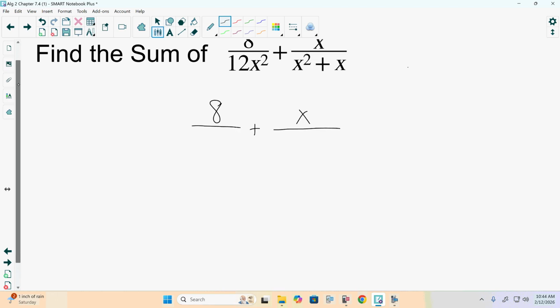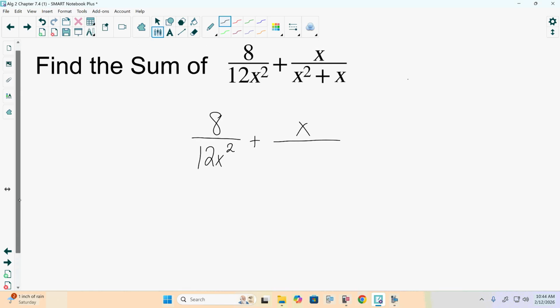So we look at the first denominator, 12x squared. It is a single expression, so we can't factor it any farther. Now there is a greatest common factor on top and bottom, because 8 and 12 do have a common factor of 4. And as long as that's not necessary for our least common denominator to make both of those be the same, we can simplify it out here.